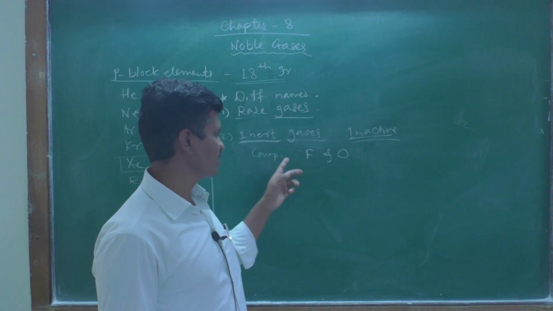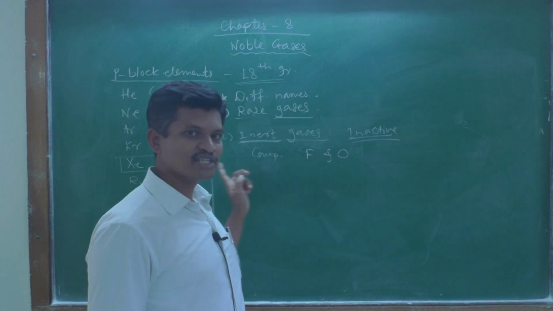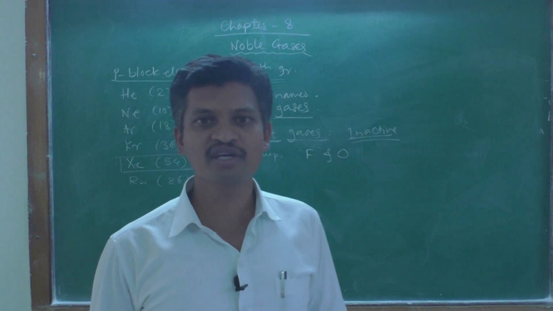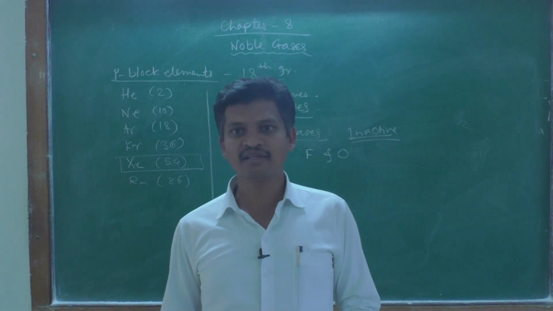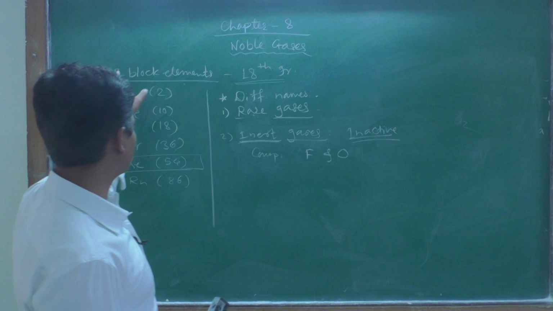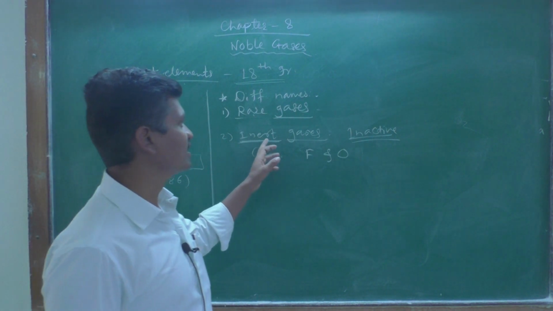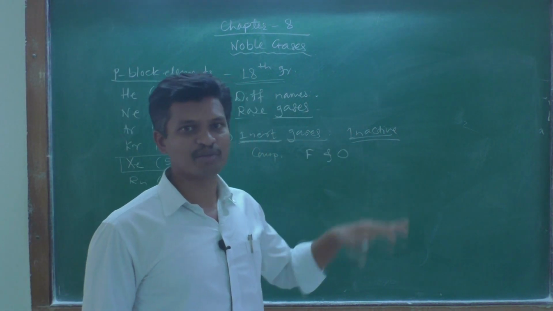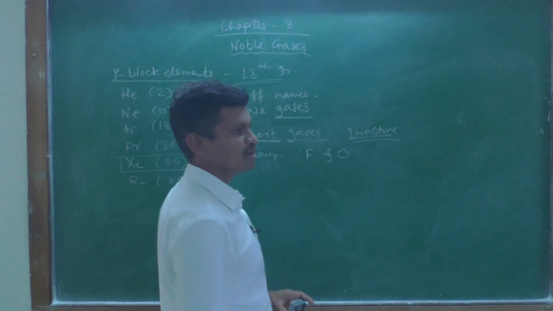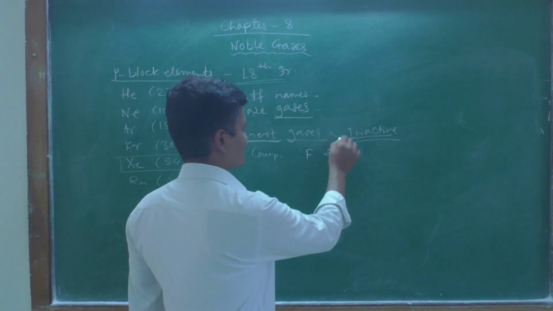That's why xenon fluorides and xenon oxyfluorides can be seen, and we cannot say that all these 18 group elements are inert gases or inert elements. So the name inert gases is also incorrect.